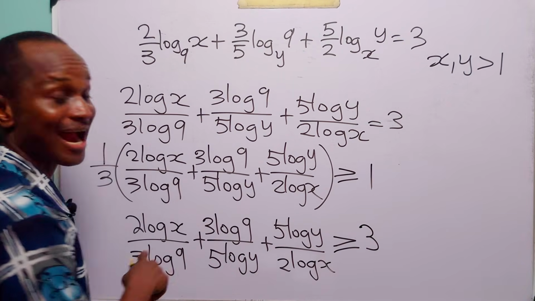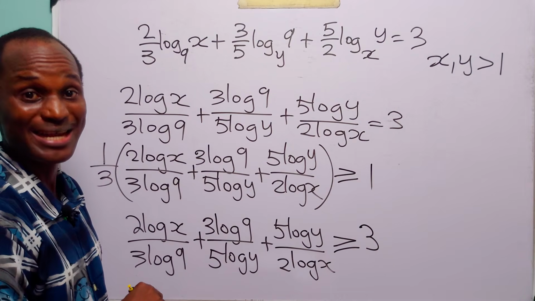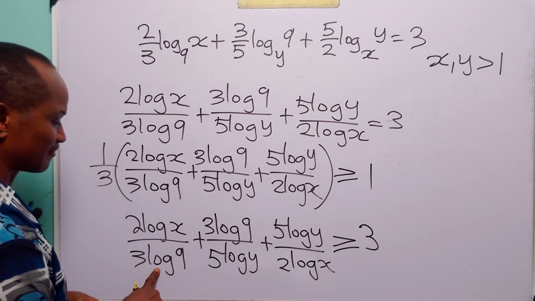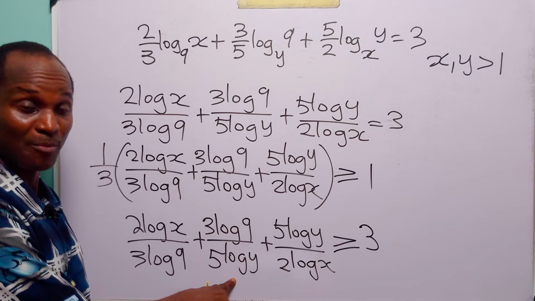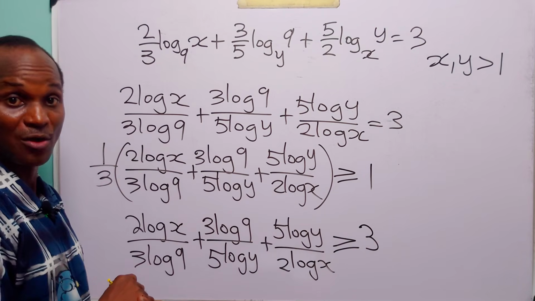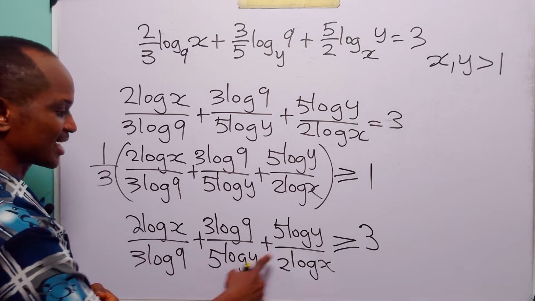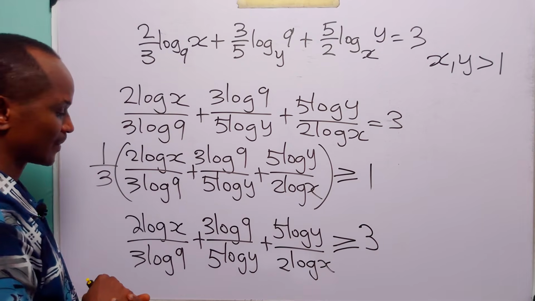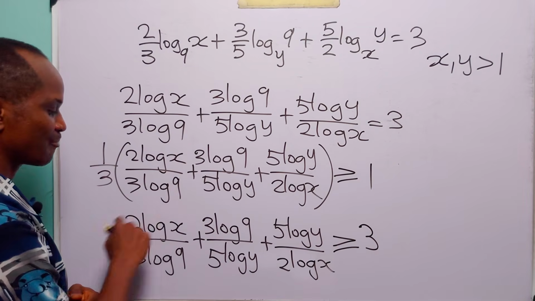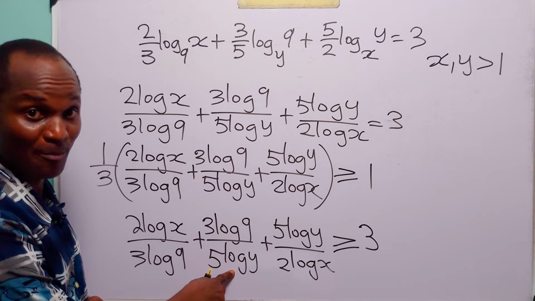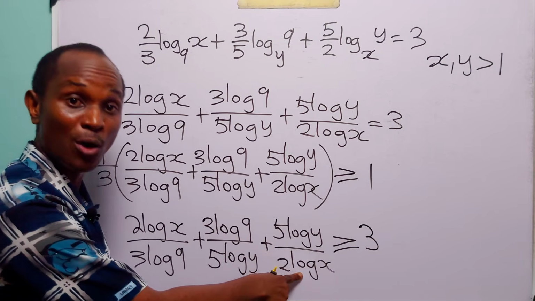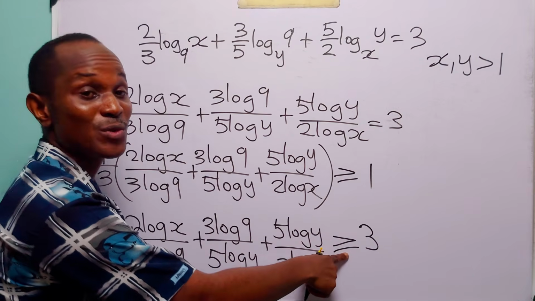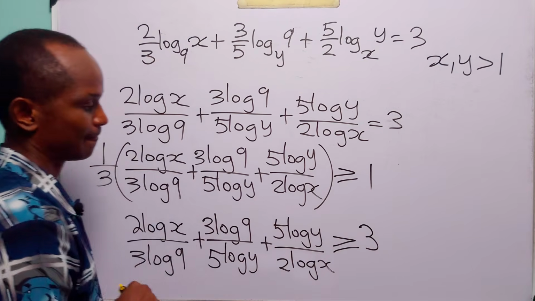Now, this is what the arithmetic mean, geometric mean inequality tells us. It tells us that if this number is different from this number and different from this number, then the sum of these three numbers must always be greater than 3. But if this number is equal to this number, which in turn is equal to this number, then the sum of these three numbers must always be equal to 3.